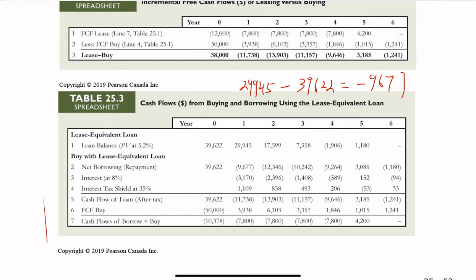For example, for this $1,109, it's just 35% times the interest payment, which is 3,170. And now we can find out the firm's cash flow from its debt. So here we can get these cash flows.